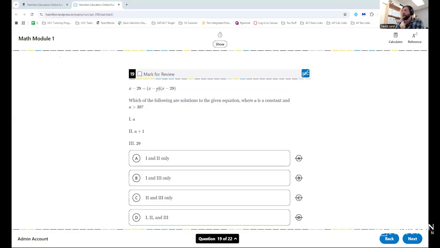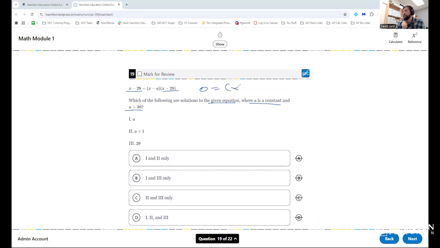All right, question number 19. x minus 29 is equal to x minus a times x minus 29. We're applying our solutions to the given equation where a is a constant and a is greater than 30. One thing I noticed right away is that these look the same. You may be tempted to divide both sides by x minus 29, but that would be a mistake. You'd remove an answer. So instead, you want to set it equal to 0.